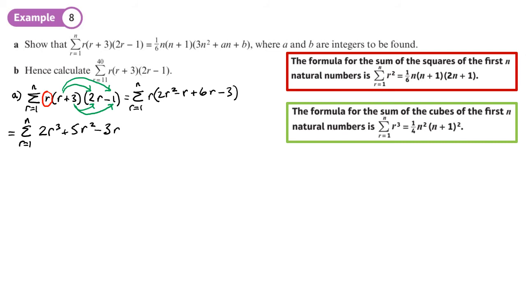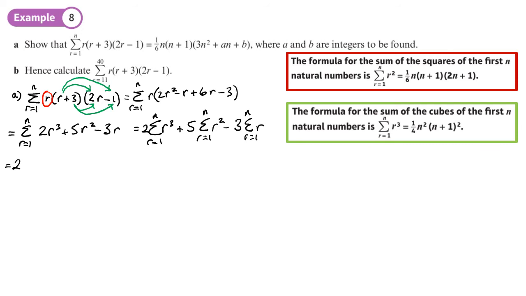Right, next step is now to split that up. So it becomes 2 lots of r cubed plus 5 lots of r squared minus 3 lots of r. Next step now is to put the formula in.